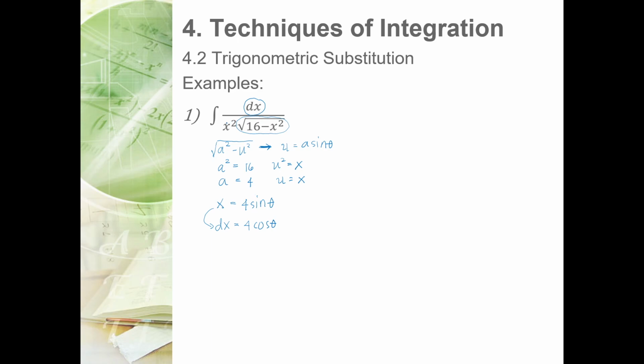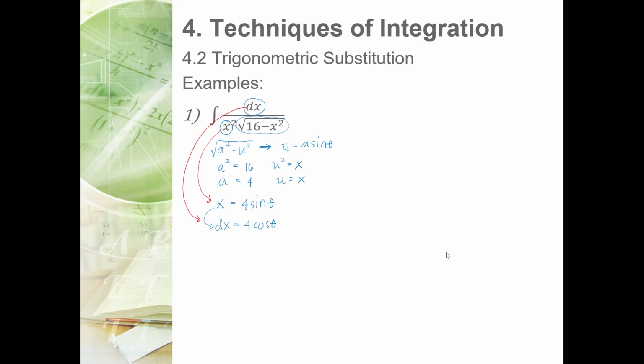Okay, so notice that I can replace x, I can replace dx. So let's put some arrows. So again, dx is here, and the x variable is here. So what's left for us to replace is just the square root of 16 minus x squared.